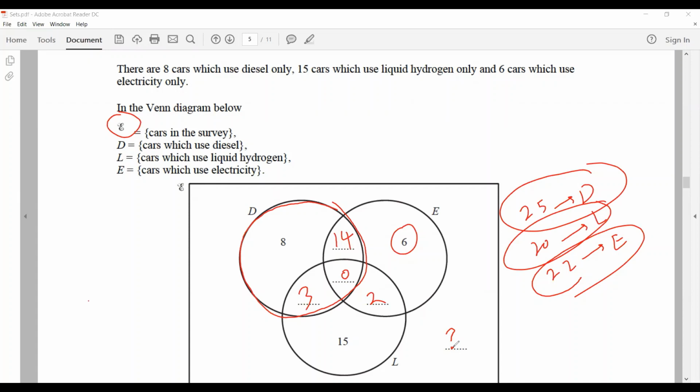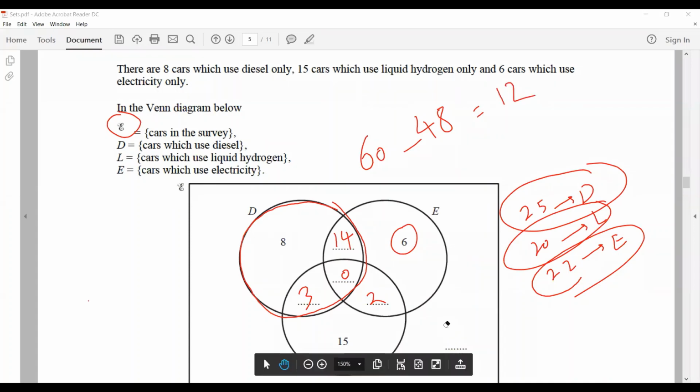Let's add them up. 25 with 8, 33. Okay, 38, 48. So 48. But we have 60 cars in our survey. So if you subtract that, you get 12. So this question mark should be 12, and I think we're done.